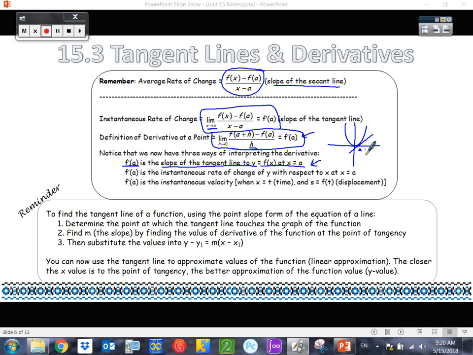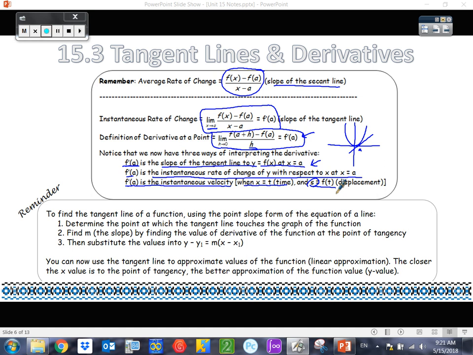Another use for the derivative at a location is the instantaneous rate of change of y with respect to x. That sounds really abstract. What in the world does that mean? We like to bring context into that. One of the contexts we use is velocity. f prime of a is the instantaneous velocity when s is our displacement, the normal letter we use for a position function. s, like v, is the normal letter we use for the velocity function.